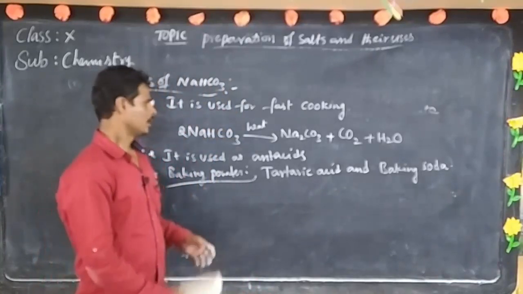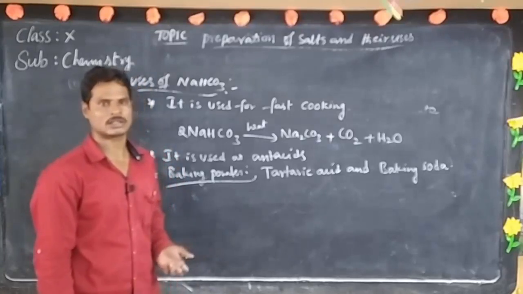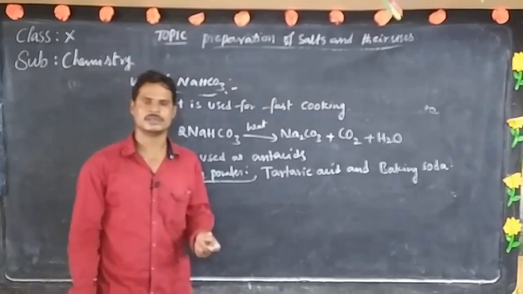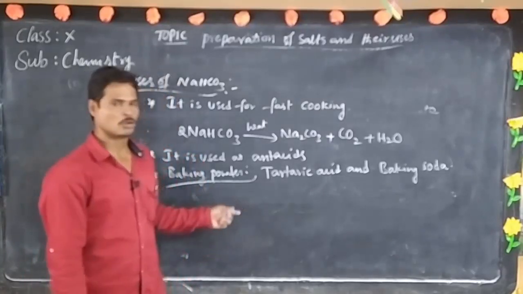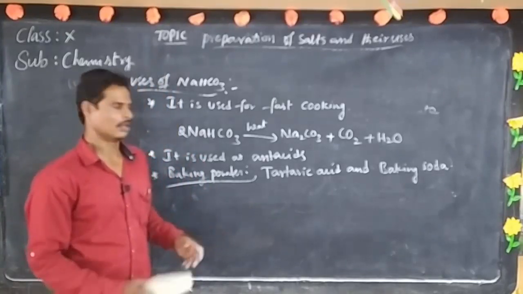Whenever this baking soda is mixed with water, it releases carbon dioxide, and this carbon dioxide is used to make soft cake and spongy bread.